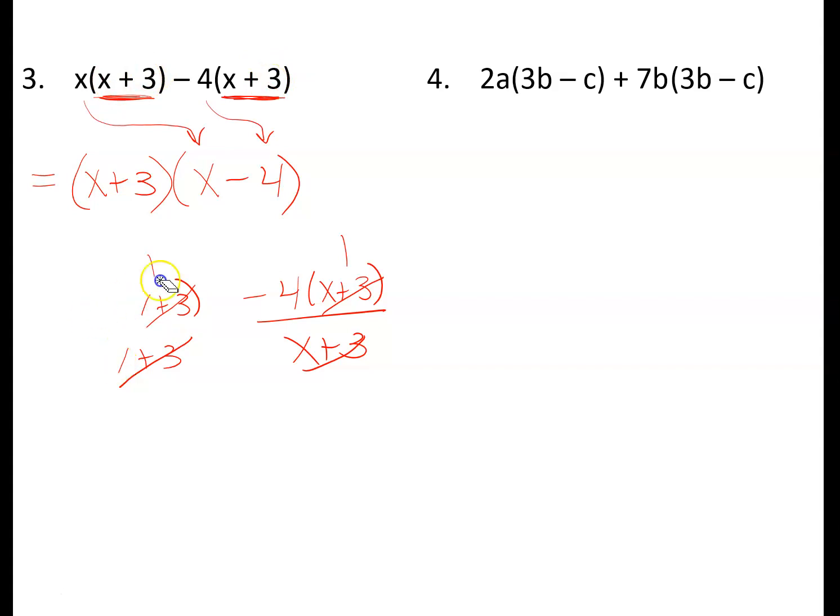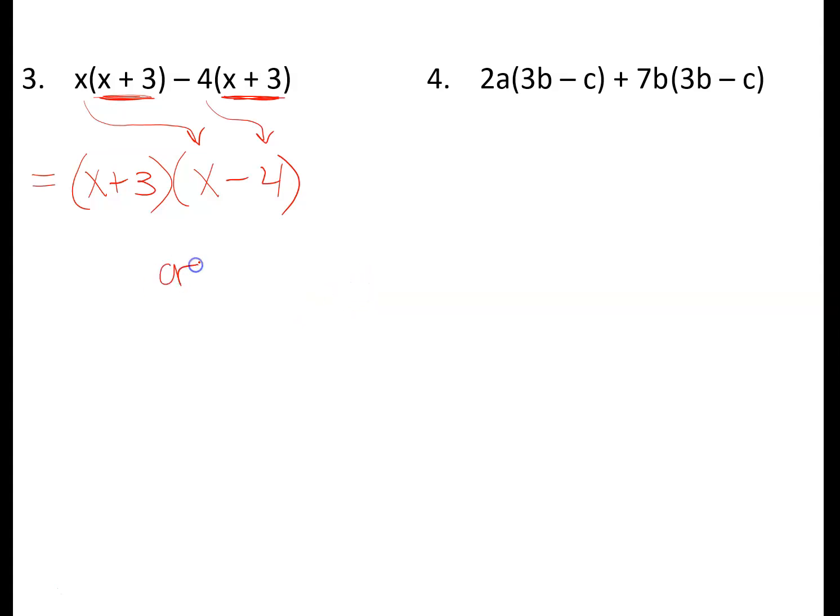Now, multiplication is commutative. So if you wrote this as x minus 4 times x plus 3, that would still be correct, just like 2 times 3 is the same answer as 3 times 2. It works that way for polynomials.